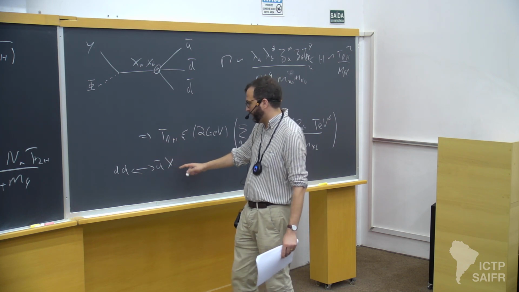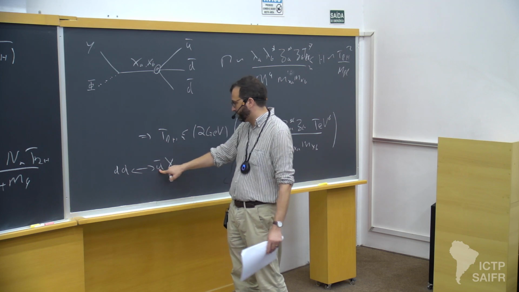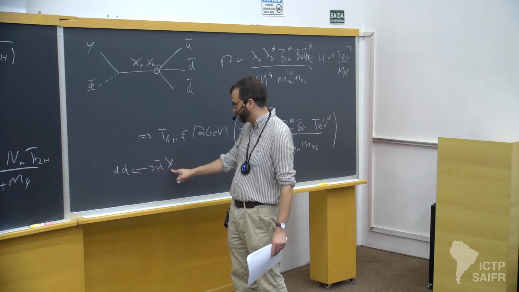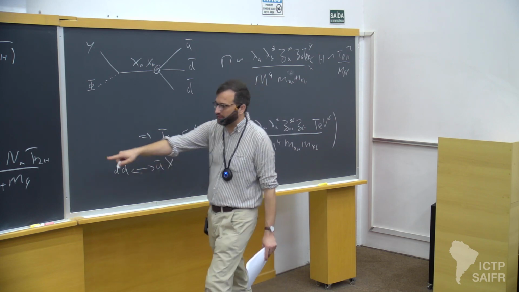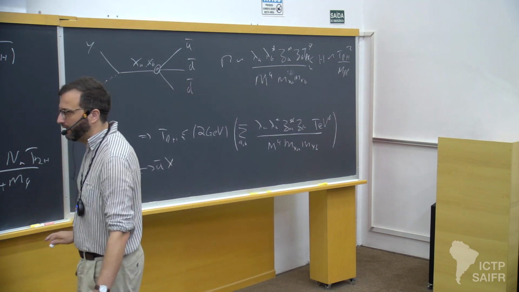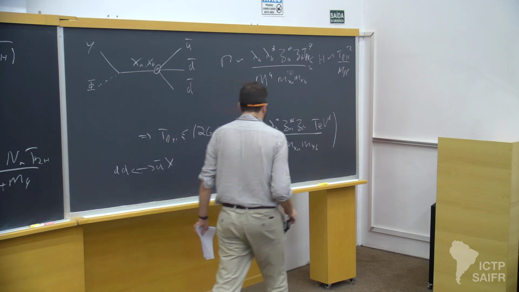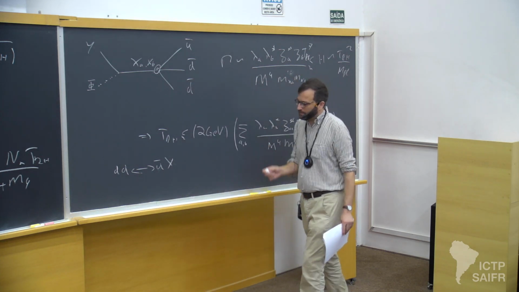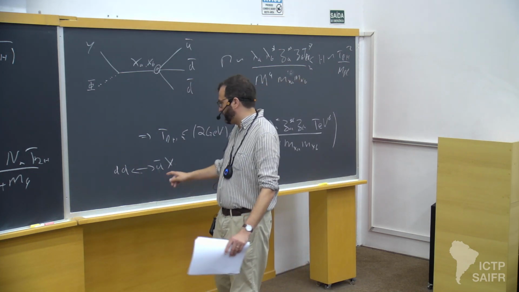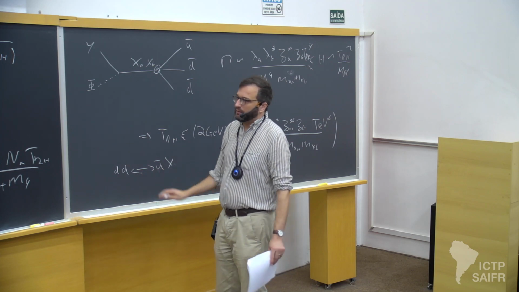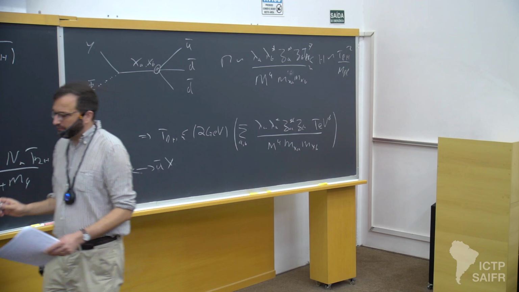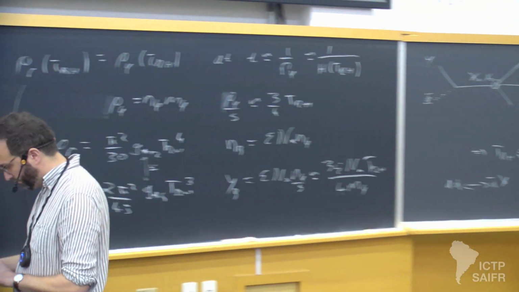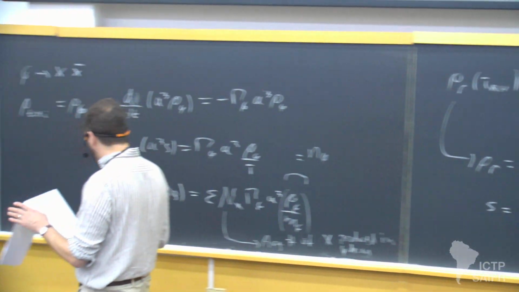And then you have to check the right to left process by looking at reheating the number density of the quarks and checking that this process is subdominant to the CP violating decay, okay? So there's some other checks to do. There are some complications because in principle you could extend this and make this CP violating as well, but we won't get into that. So this is sort of an overview of the model.